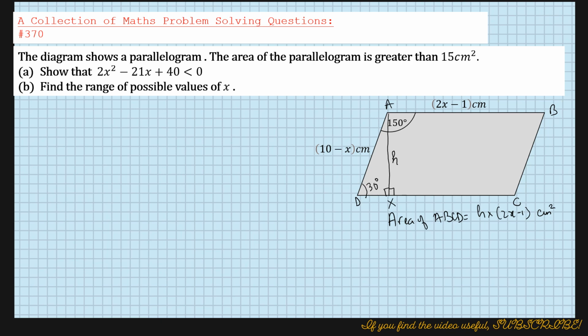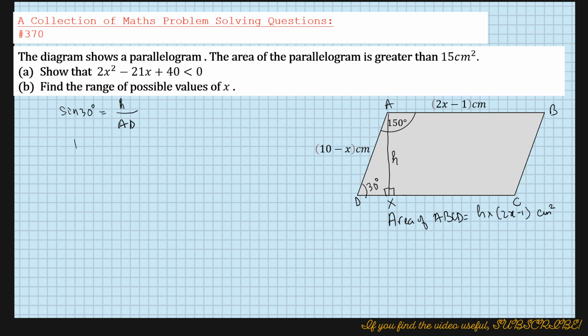So we don't know what H is, but triangle ADX is a right angle triangle, so we can write sine 30 degrees equals H out of AD.